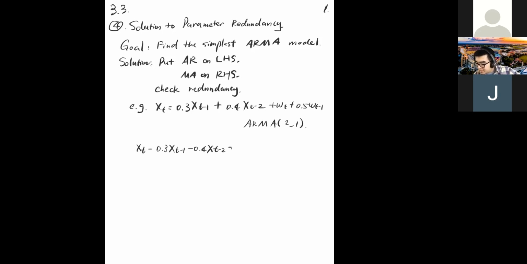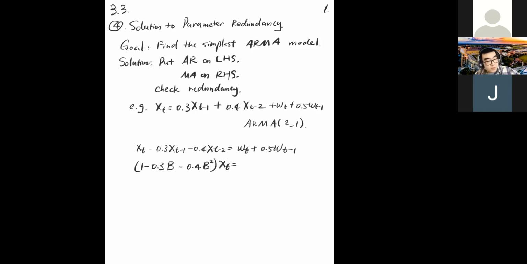And the MA part is, and we will write it using the backshift representation. So this is 1 minus 0.3b minus 0.4b squared xt.